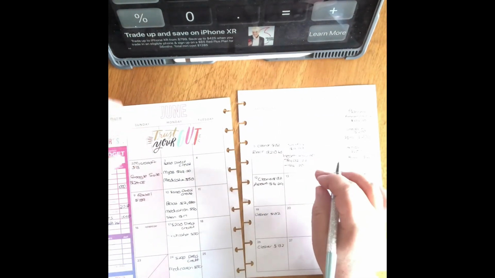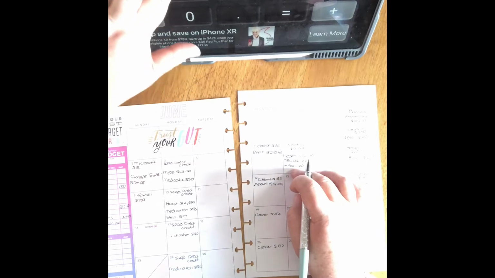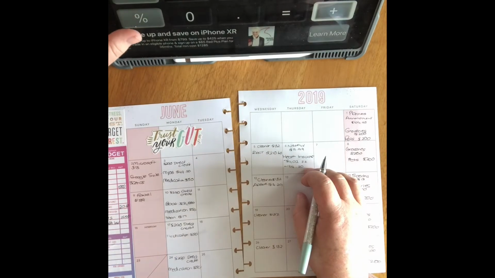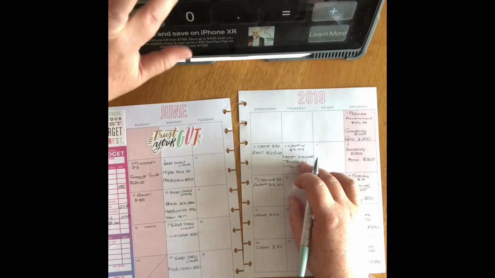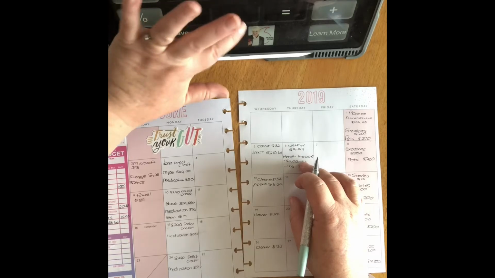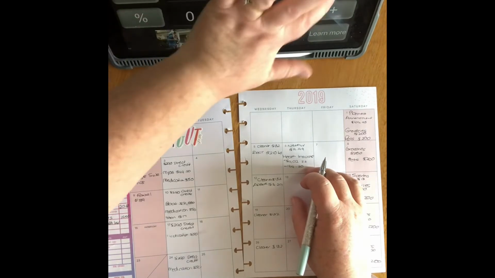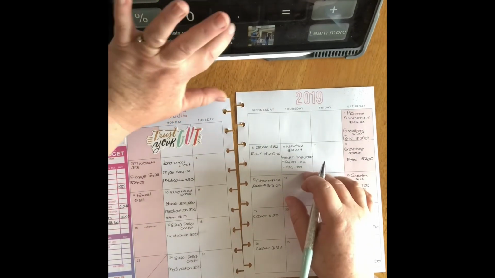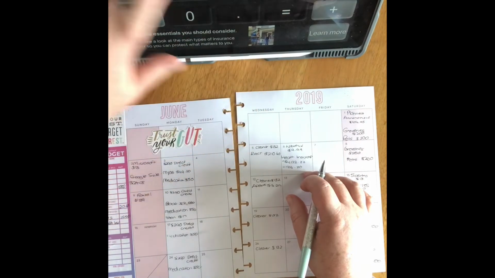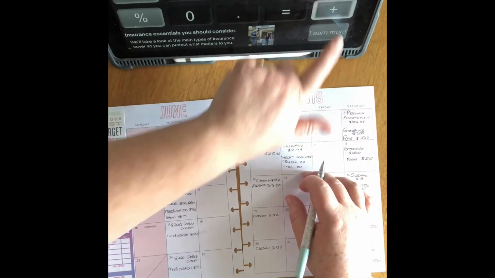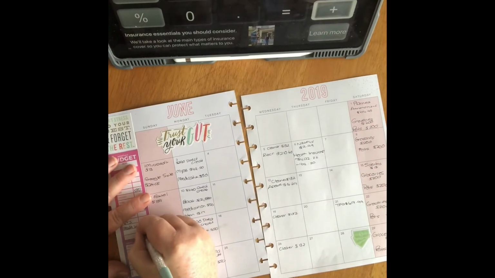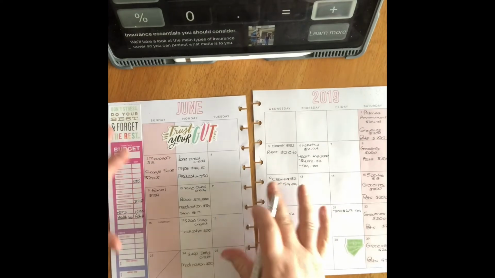Health insurance is $492.22 plus 164.20, which equals 656.42. This pen doesn't want to write.